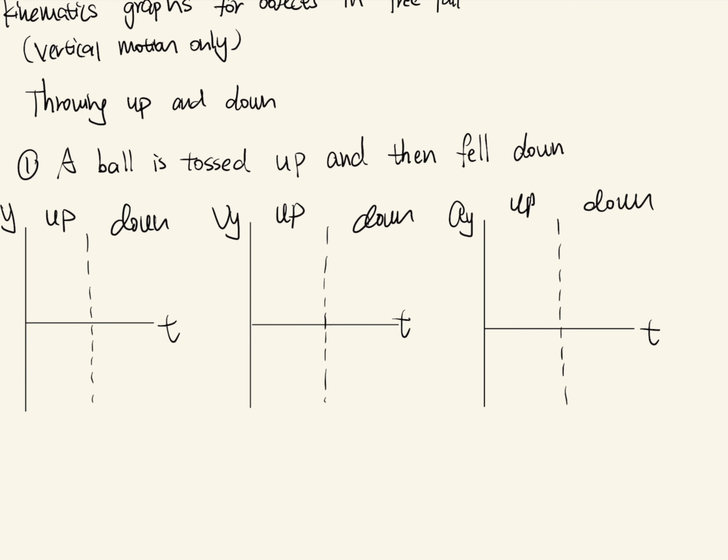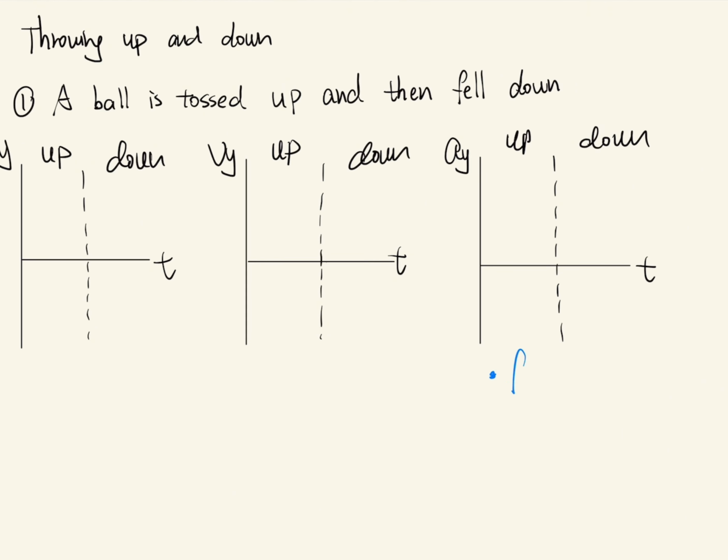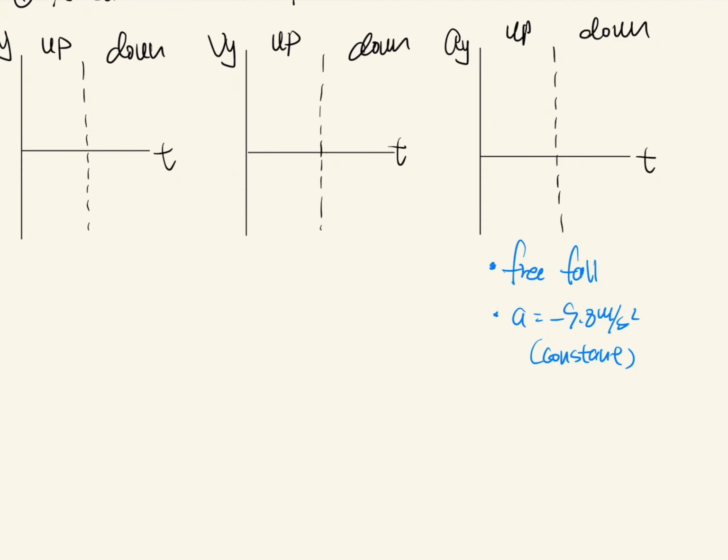We know, especially because we know that it's free fall, that in free fall the acceleration is always negative 9.8 meters per second squared, or we can just say it's constant. So since it's negative, we know it's in the negative quadrant.